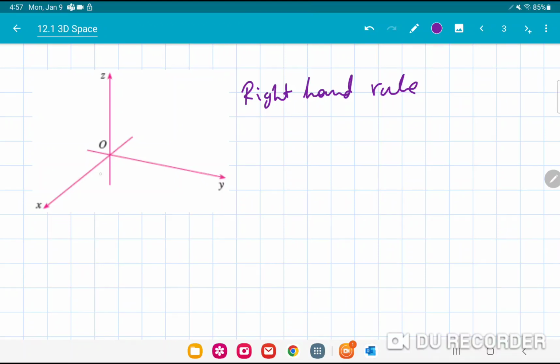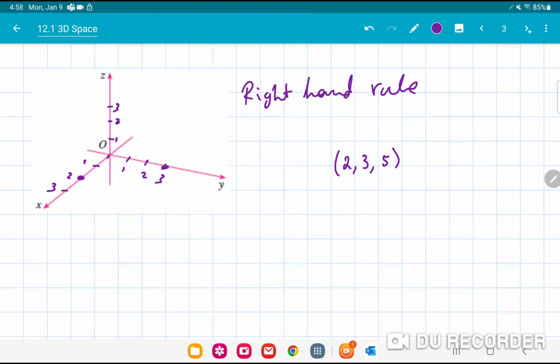Now, here is my 1 unit, 2 units, 3 units. Okay, say I want to put 2, 3, 5 on my space. So I measure 2 units on the x-axis, and 3 units on the y-axis.